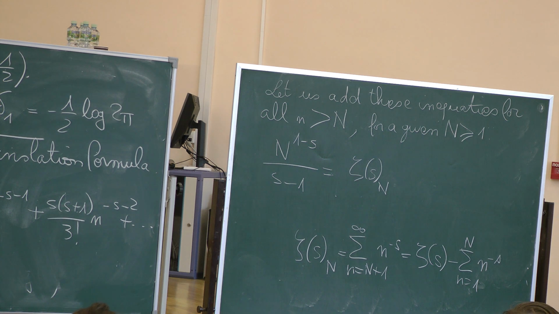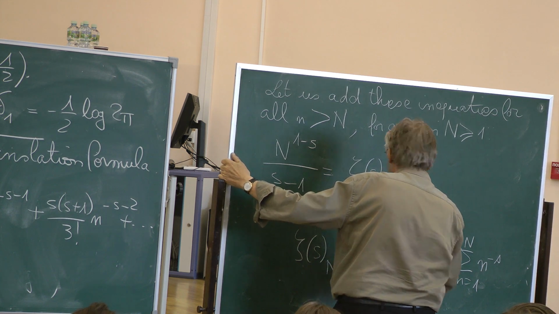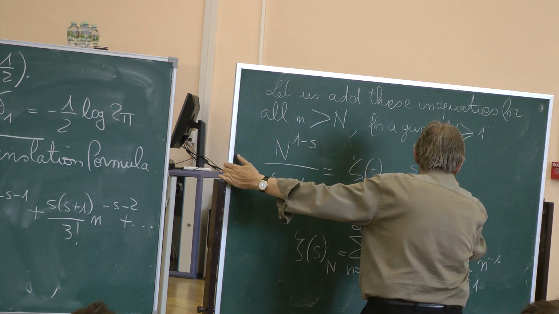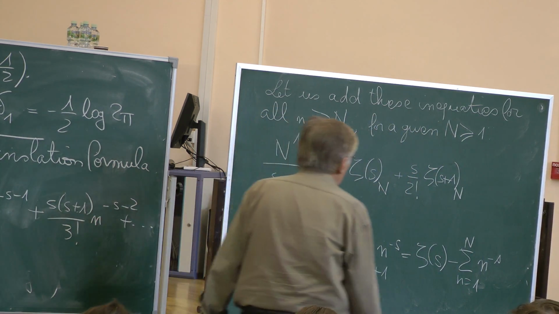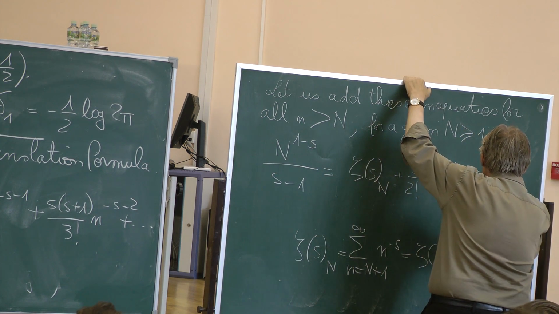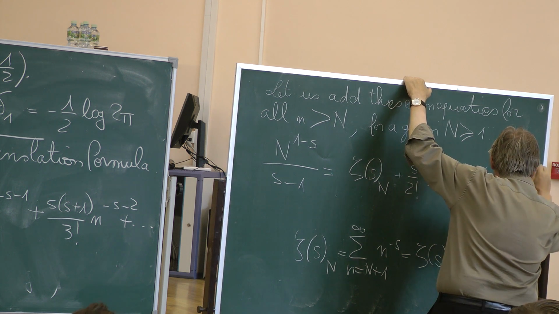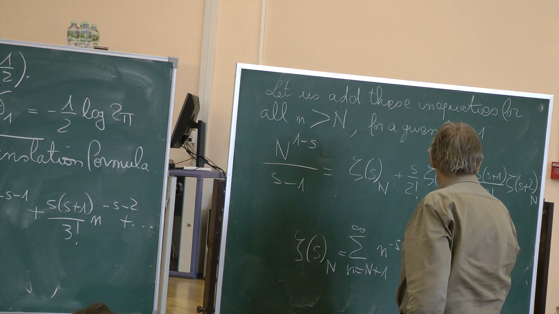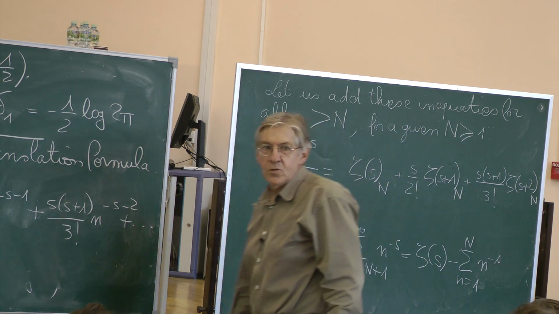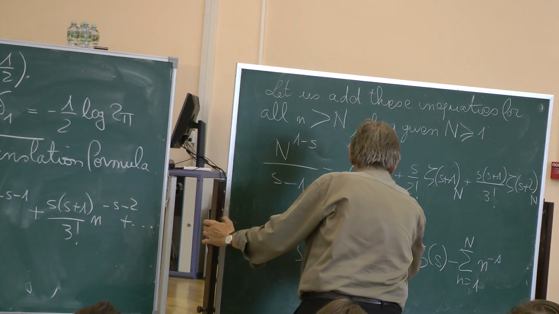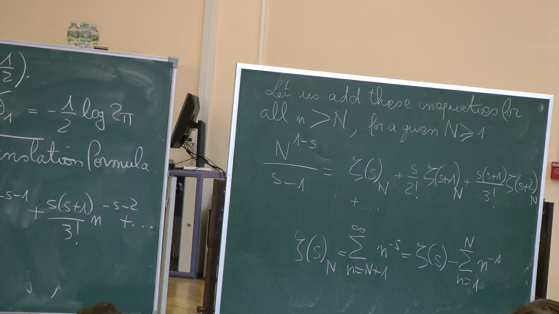This is this term. Then I have plus s over 2 factorial, and the next term is just zeta of s plus 1 index capital N. And I continue, plus s times (s plus 1) divided by 3 factorial zeta of s plus 2 index N, etc. So we have this kind of expansion.